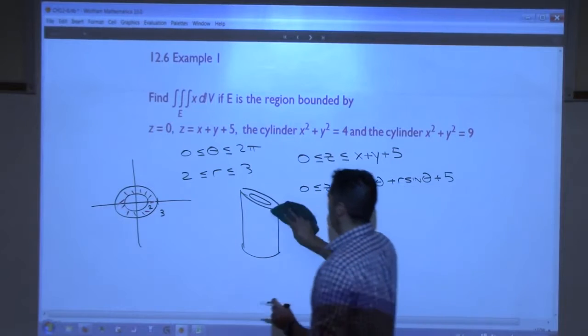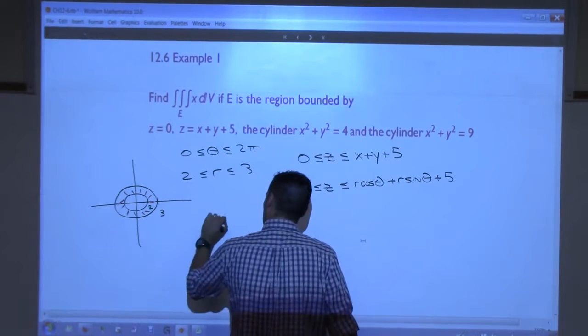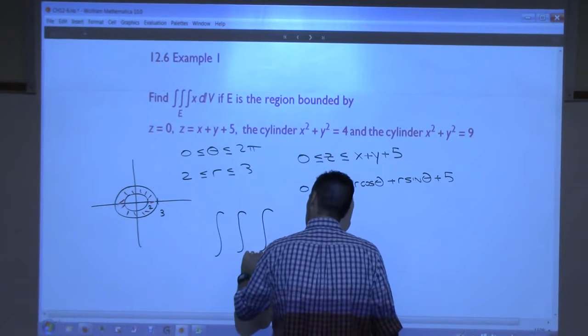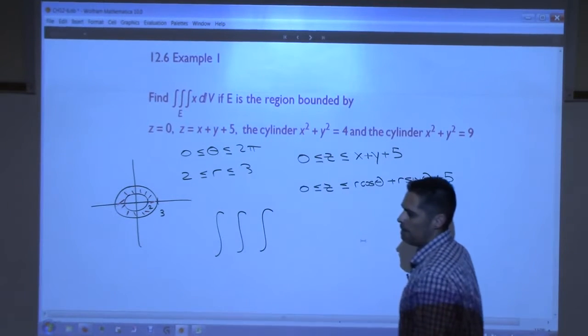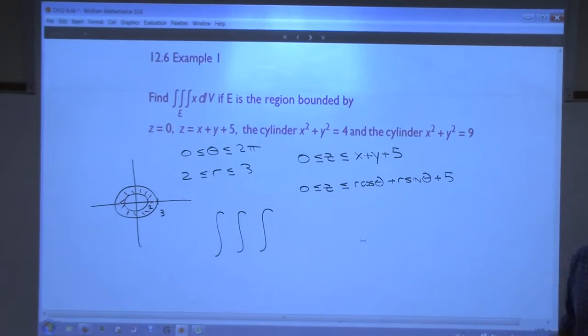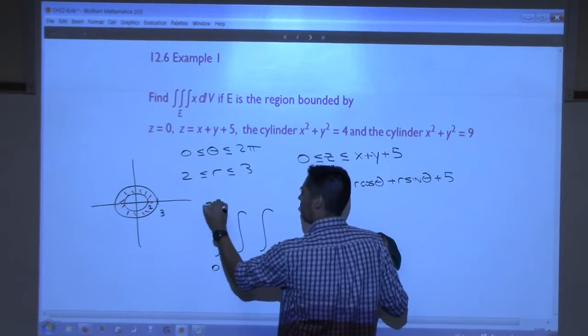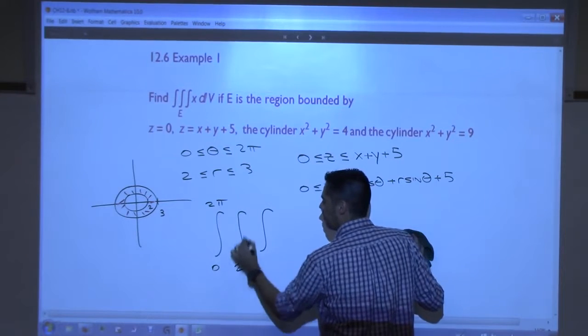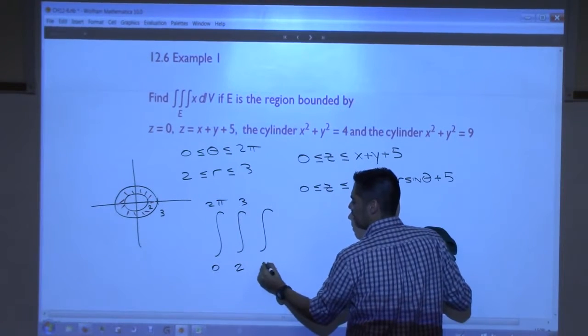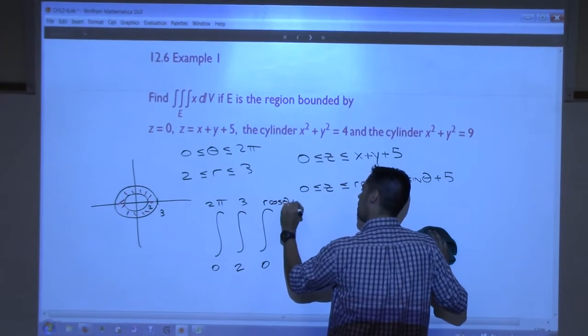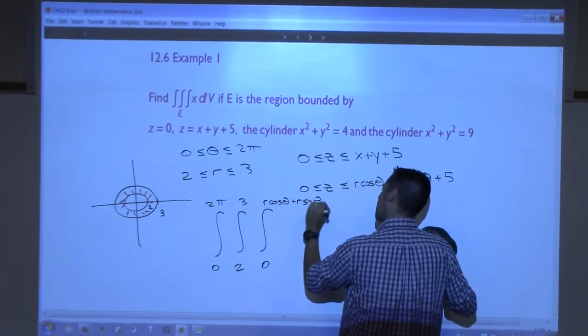So my integral will be a triple integral. You want to go 0 to pi, 2 to 3, 0 to all that nasty stuff, r cosine theta plus r sine theta plus 5.